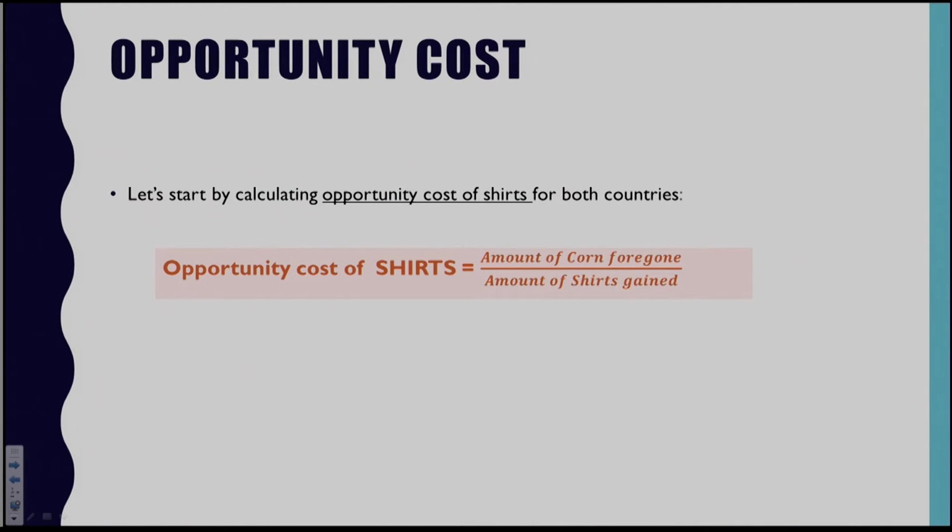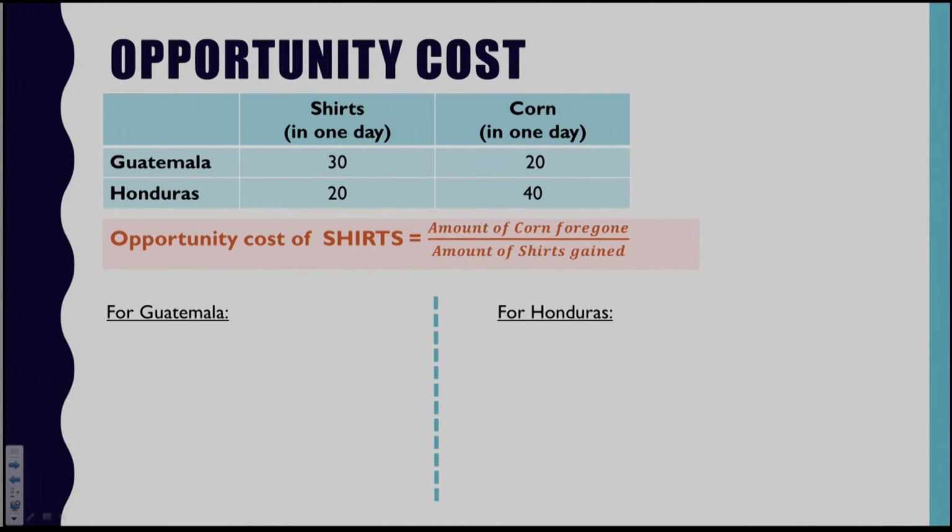So let's start by calculating opportunity cost of shirts for both countries. Okay, so here's your chart again. What I want you to do is take a moment and do these calculations on your own, and then we'll make sure you got them right. Now, if I start talking before you're ready, just pause the video.